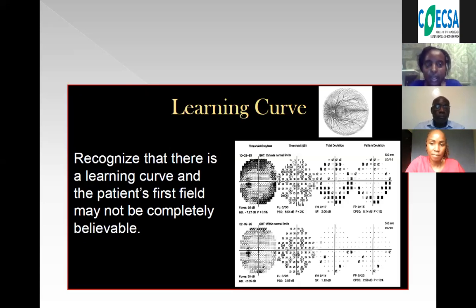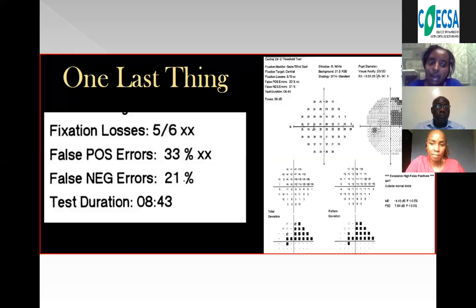The other thing to remember is that despite how bad or poor a field can look, overall you have to look at the patient, and if there is obvious correlation with the clinical picture, don't dismiss it. There were false negatives, but overall the patient had glaucomatous defects on field.